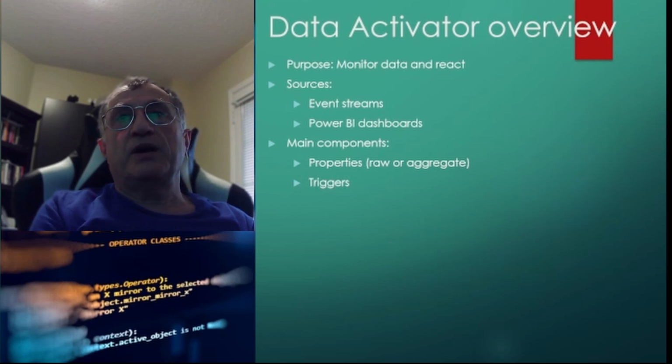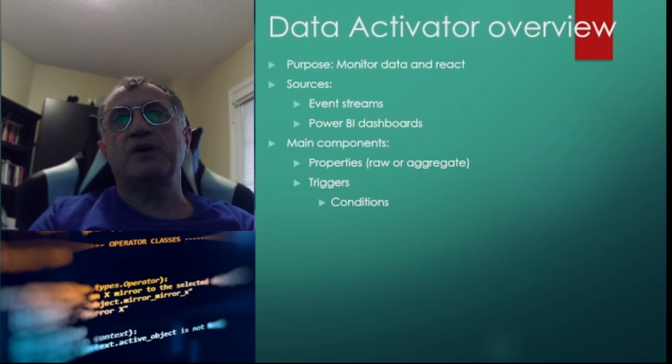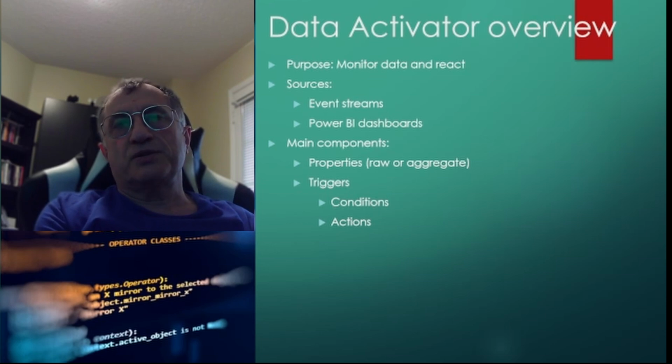Once you have identified your properties, then you can create triggers on top of that. Triggers include conditions. So you can compare your input values to a certain threshold or some range or some relative values, and then you can decide on actions.